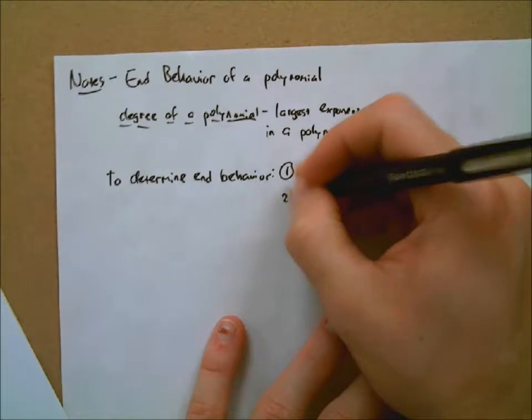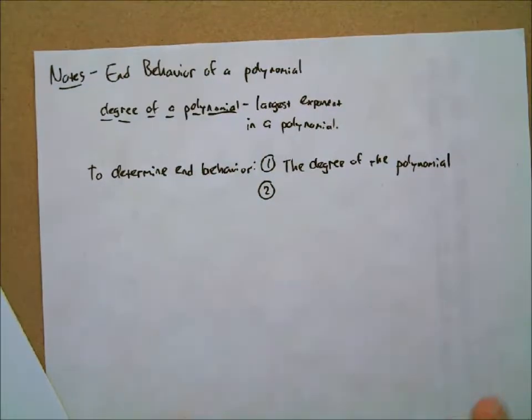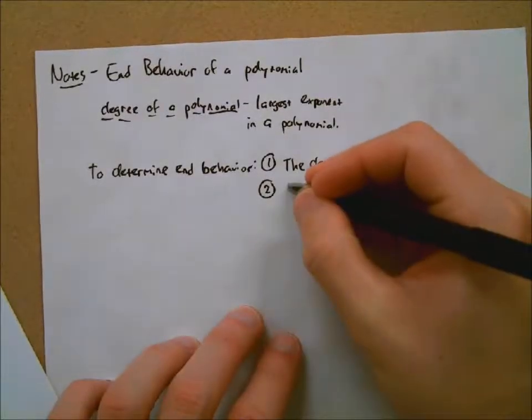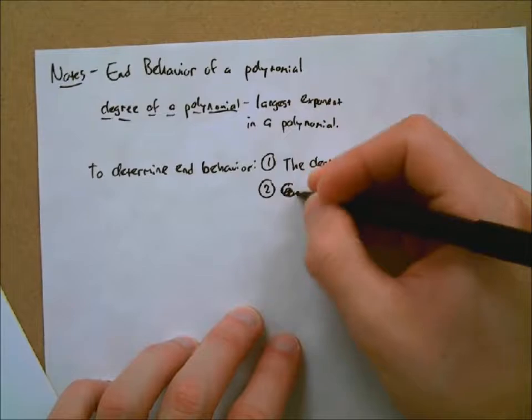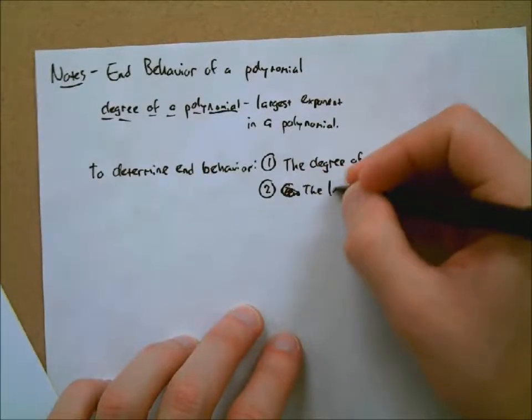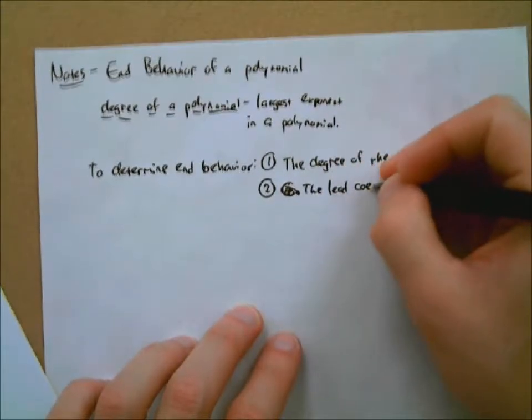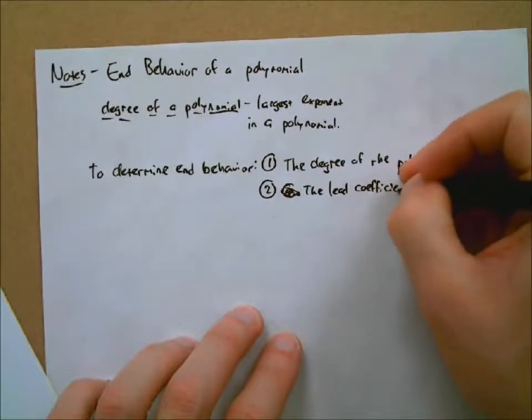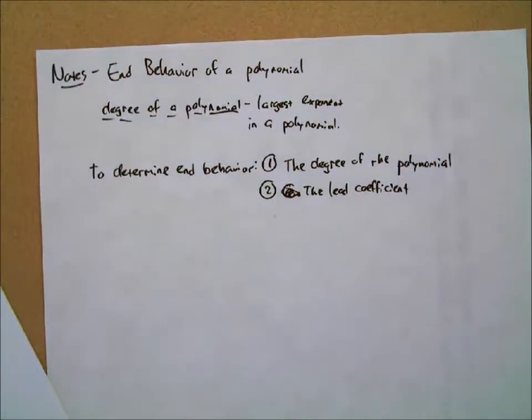The degree of the polynomial will determine that. And then also we want to consider the lead coefficient, specifically whether it's positive or negative. Those 2 things are going to affect the end behavior.